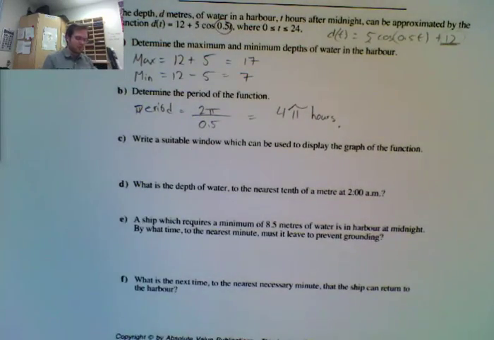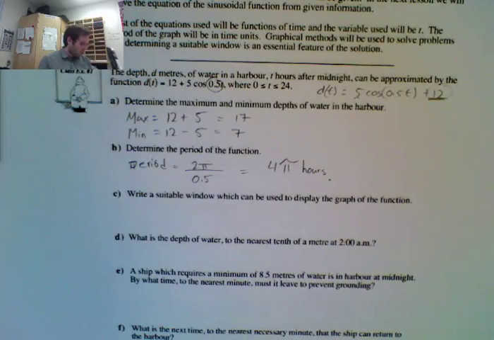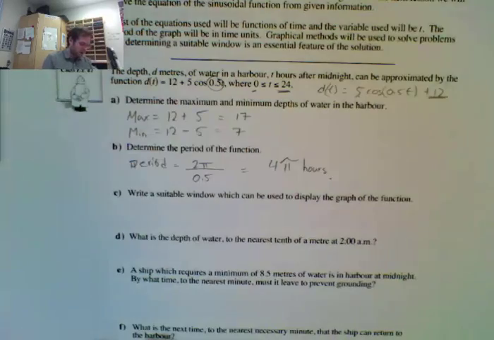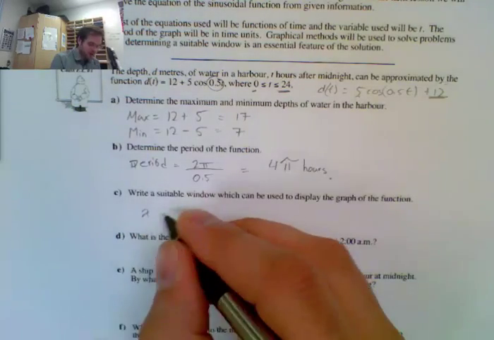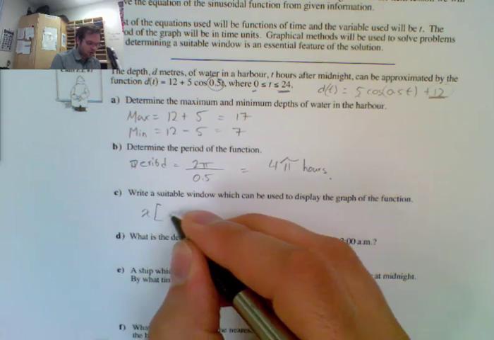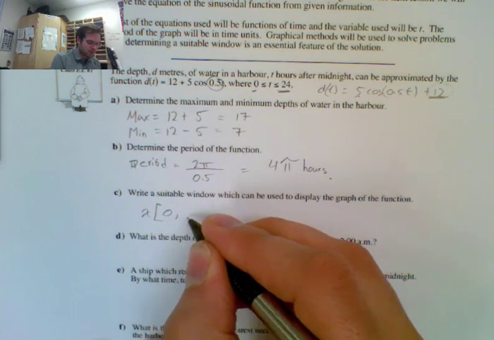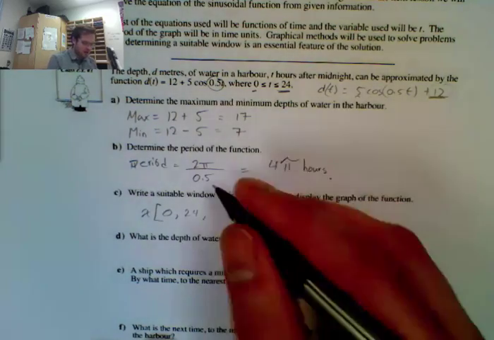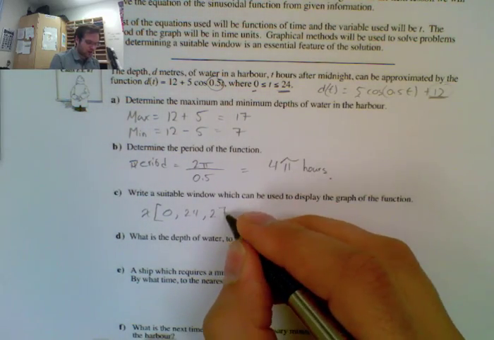Next it says, write a suitable window which can be used to display the graph of the function. Well, because we know we're talking between 0 and 24, for my x value we're going to look between 0 as my minimum and 24 as my max, and I'm going to say a scale of maybe 2, so every 2 hours.